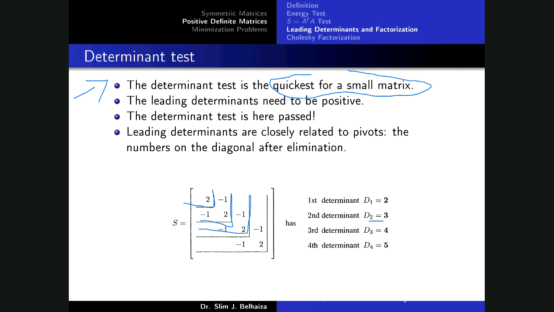Okay? And if you continue generating all consecutive submatrices, you obtain the leading determinants. All these determinants need to be positive to ensure that your matrix is positive definite. Okay? Right. Now, there is a relation between these leading determinants and the related pivots.